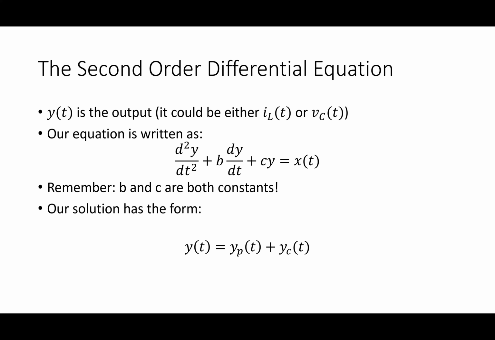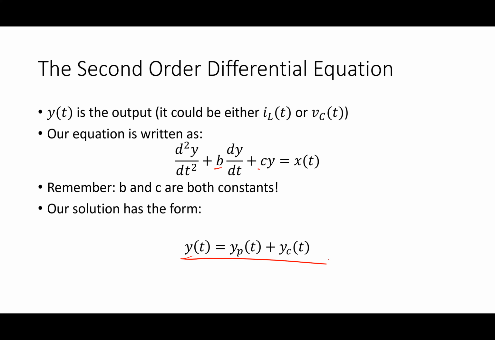All of my differential equations better have constants multiplying the derivatives. Our total solution has the same exact form it had before with first order. Except what do I know about the y sub c, the transient response here? It's got 2 terms. It's got 2 exponentials. Those exponentials might be complex, but they're going to be exponentials.